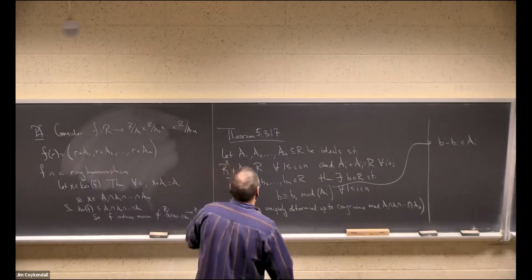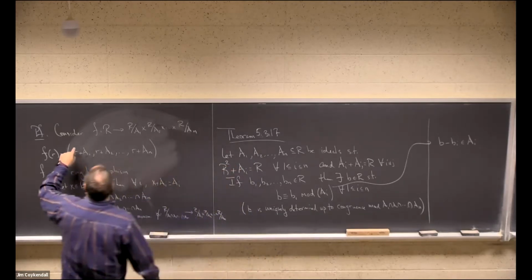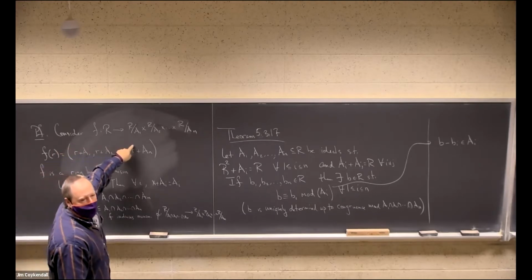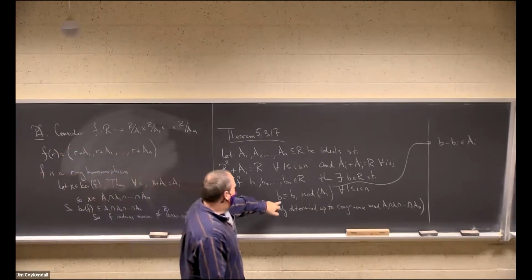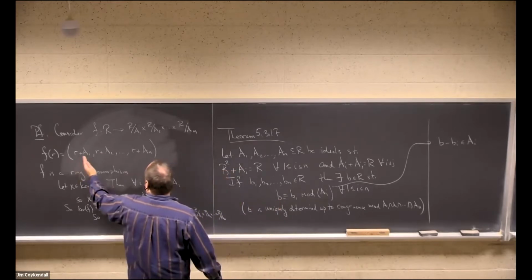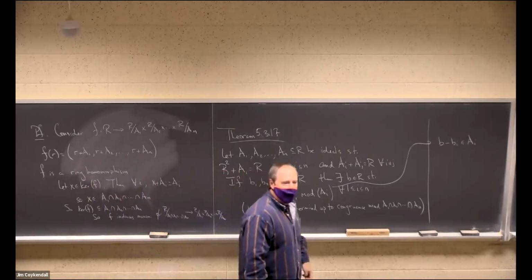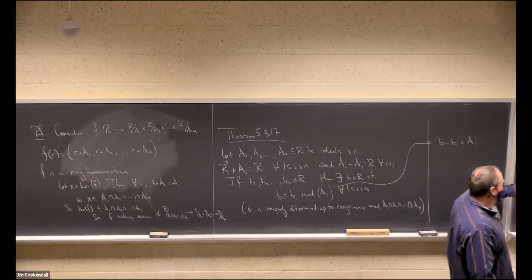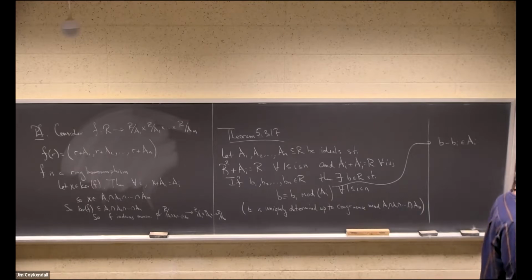So in other words, if I have the cosets b1 plus A1, b2 plus A2 up to bn plus An, if I can find this magic b, then that magic b will cover that arbitrary collection of cosets. So that's why this is a corollary to this theorem.